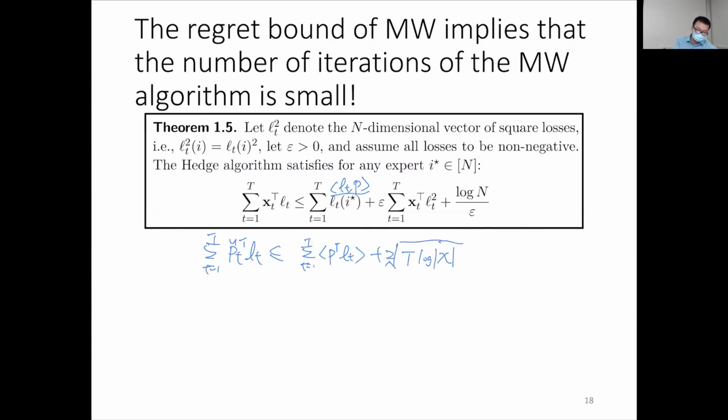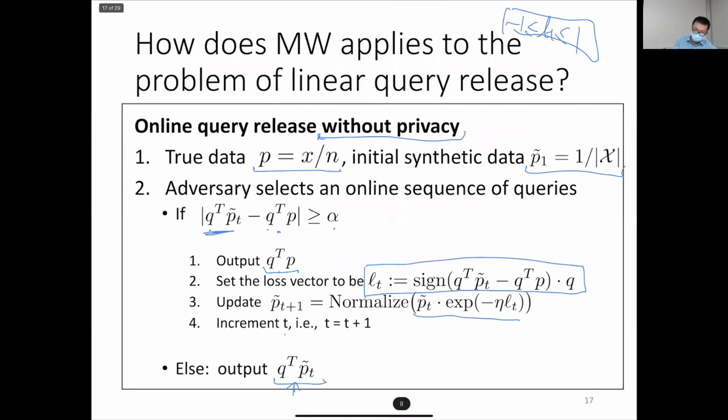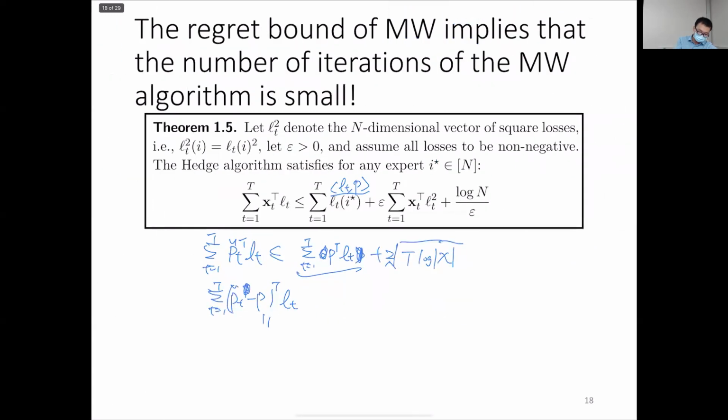The next thing to do is to substitute the definition of LT. Let's move this to the left-hand side first, minus P transpose LT. And what is LT? LT is a sign of this quantity: Q times the sign of P tilde T transpose Q minus P transpose Q, right?